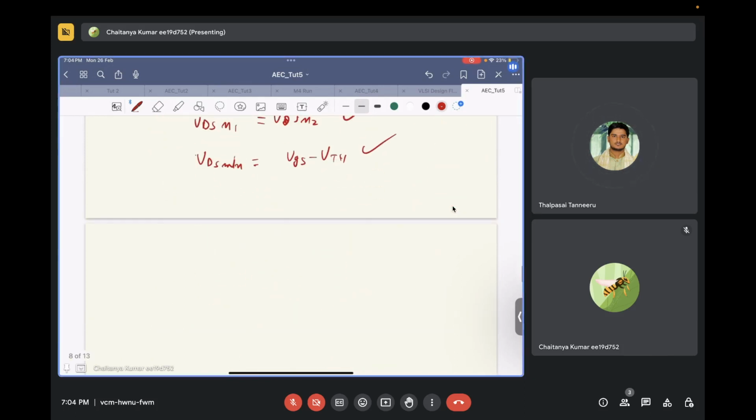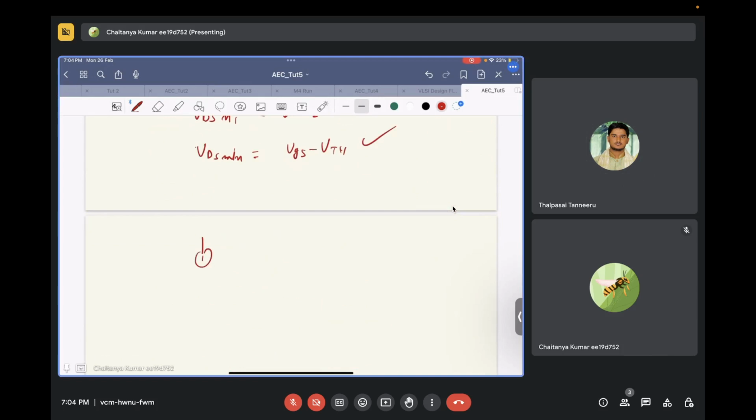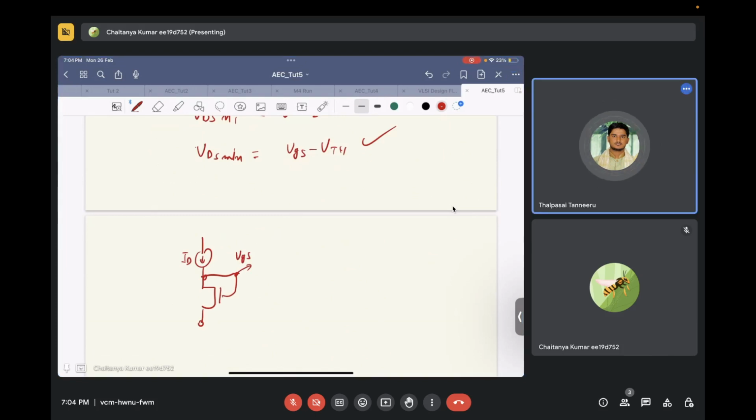So, okay, here is ID. What is this voltage? VGS, correct?